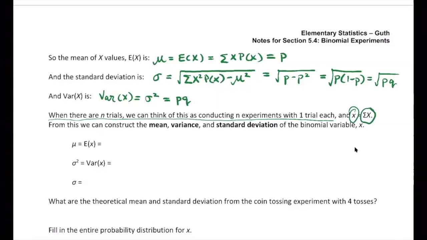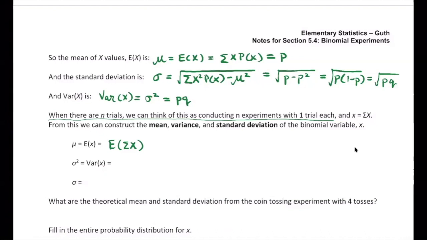The number of heads on one coin is big X. So little x is the sum of big X. Okay. The mean of the number of heads is the expected value of little x. Remember, the expected value of little x is the expected value of the sum of big X, where big X is the number of heads on each individual coin.